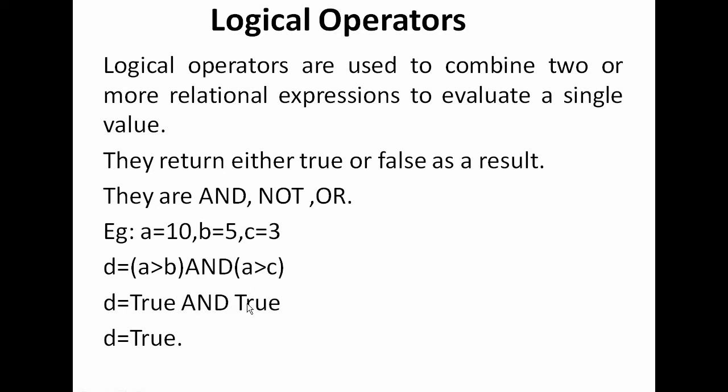When true and true are compared through logical operators, we get a particular value as true. That means two situations are true, so we are getting a true result. If both the situations are false, then we will get a false result. So this is how the logical operators are calculated.